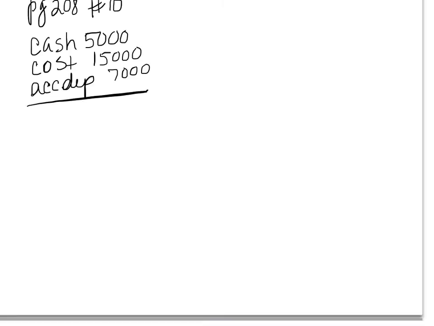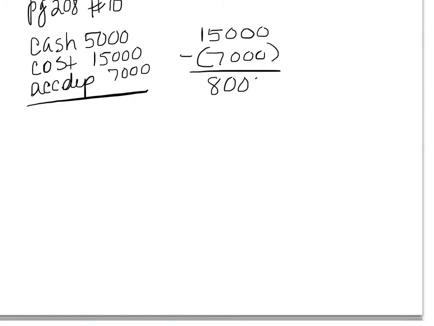The first thing we need to do is figure out the net book value. We know the equipment was $15,000. We know that the accumulated depreciation was $7,000. We subtract the accumulated depreciation from the cost of the equipment, which gives us $8,000 book value.